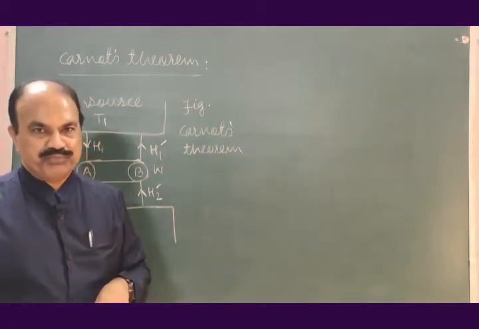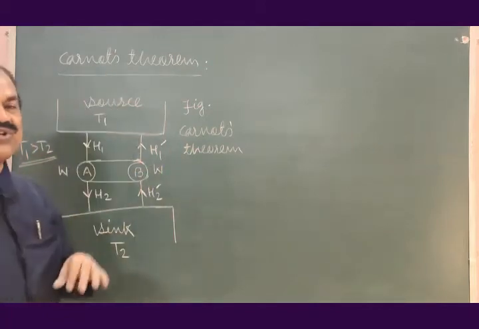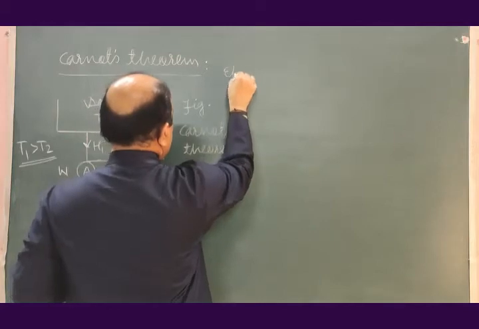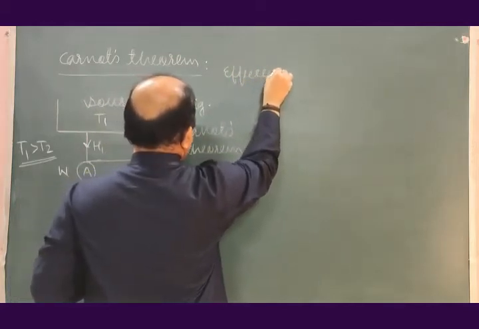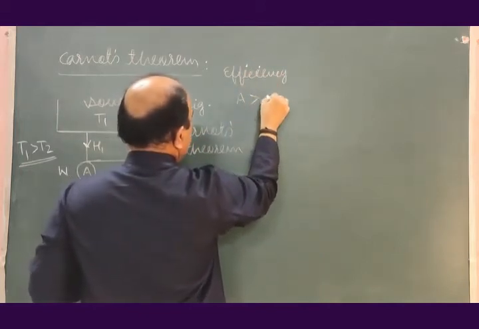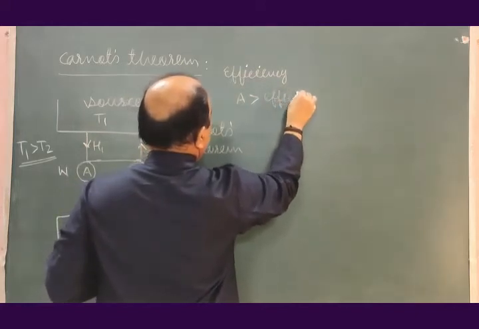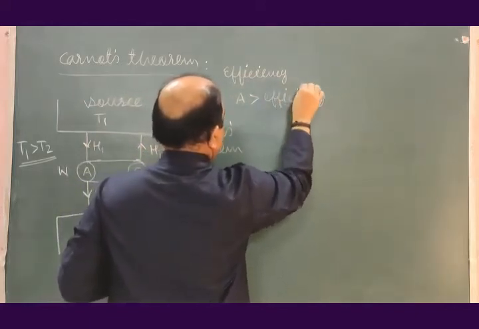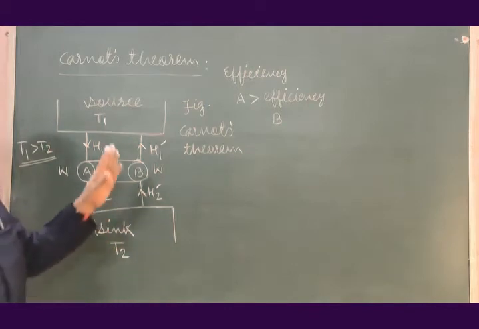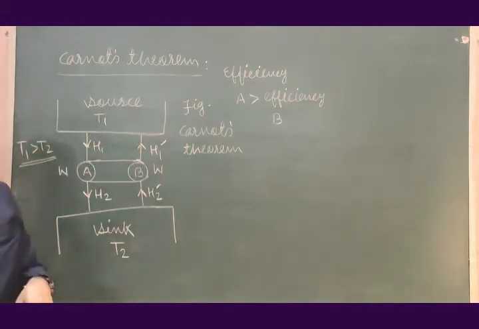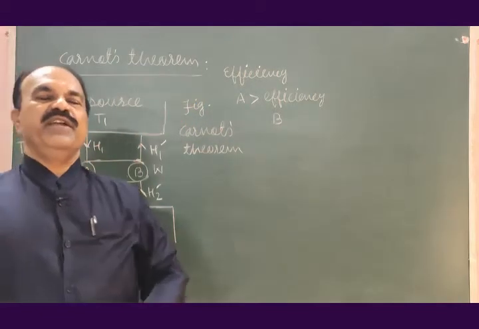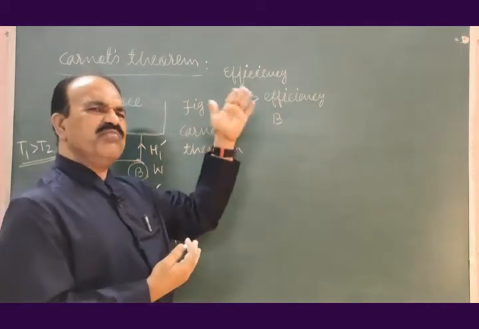Let us challenge Carnot's theorem and assume that the efficiency of A is more than the efficiency of heat engine B. We have made this statement: the efficiency of engine A is greater than the efficiency of engine B. Let us see whether we can prove this statement.